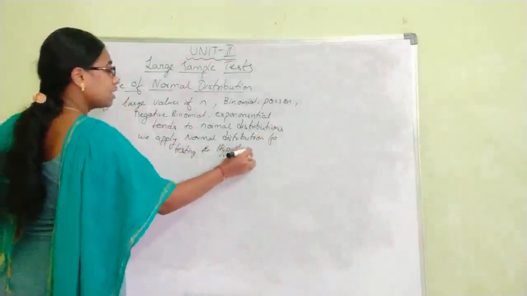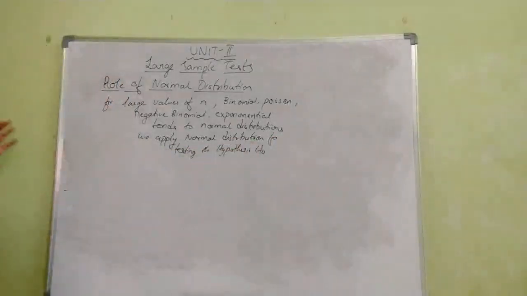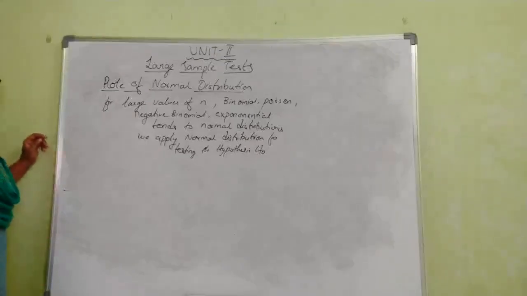So to test our null hypothesis, we use normal distribution because almost all the distributions tend to normal distribution for the larger values of n. So here we use the areas property of standard normal distribution to test the given hypothesis.